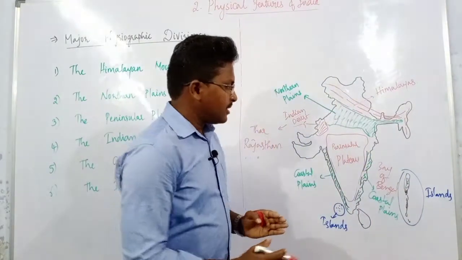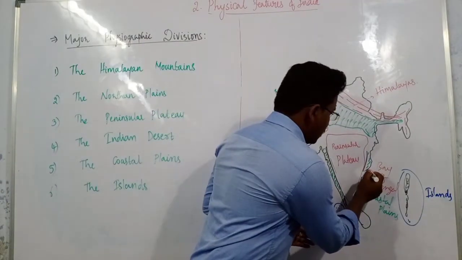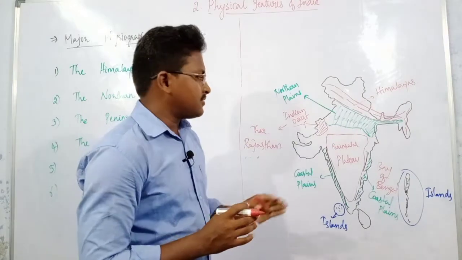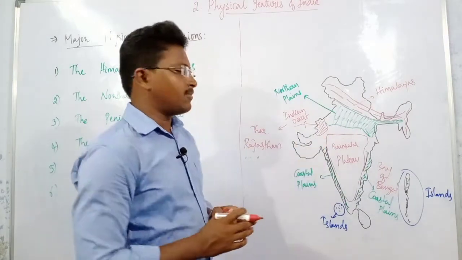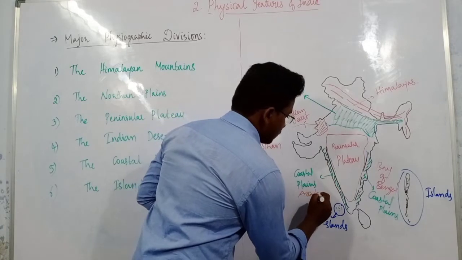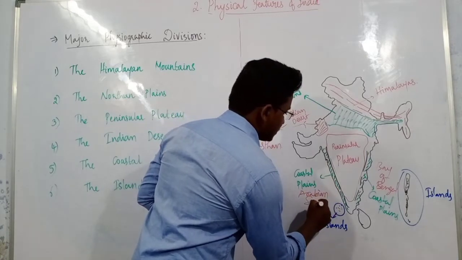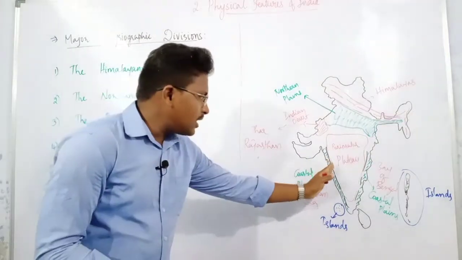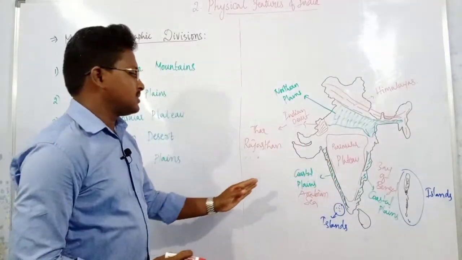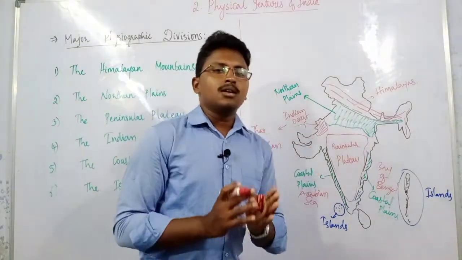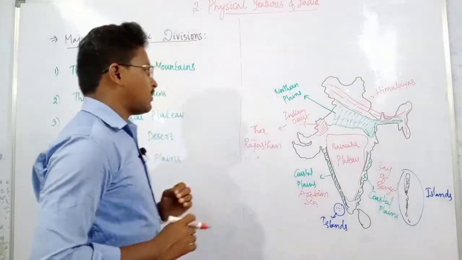The region between the Bay of Bengal and the Eastern Ghats, this green color region, we call the eastern coastal plains. And between the Arabian Sea on the western side and the Western Ghats, this small narrow zone, we call the western coastal plains. So these two are the coastal plains.